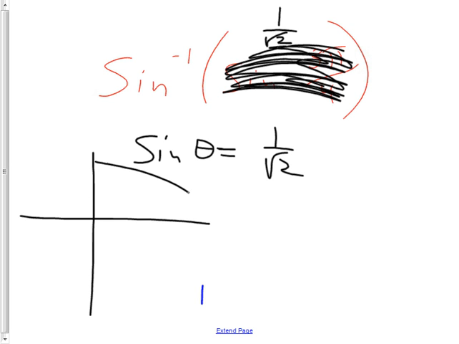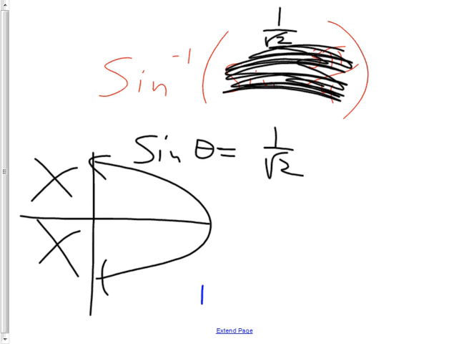So now I should be thinking about that. Inverse sine is only allowed there and there. So I'm crossing off this, crossing off that. Sine is positive. See, there's no negative there. So therefore, I'm crossing off that. And now I must be in here. And sine is opposite over hypotenuse. Opposite over hypotenuse. The other side's 1. Can you recognize the angle there? Which angle is it? And that's 45 degrees or pi over 4.